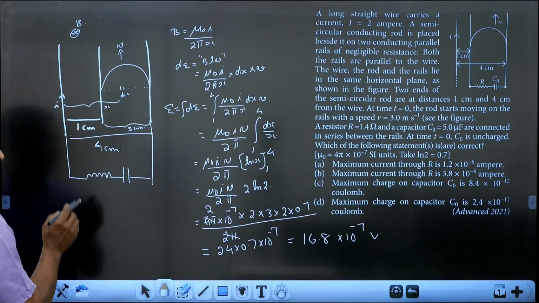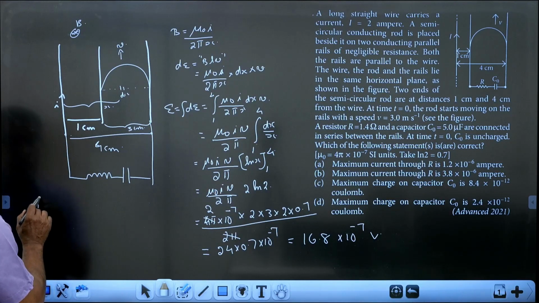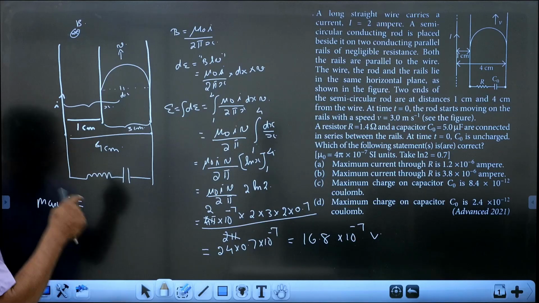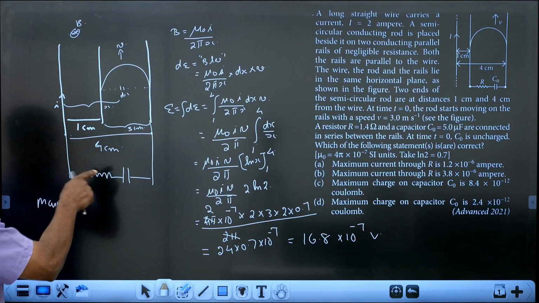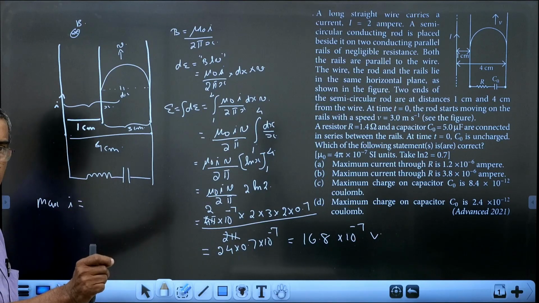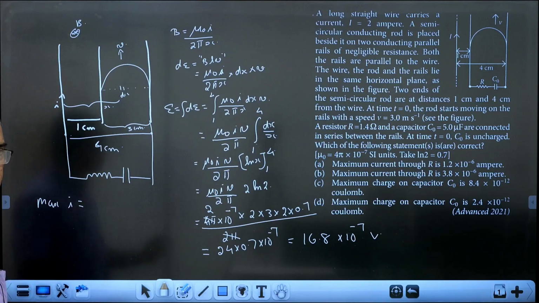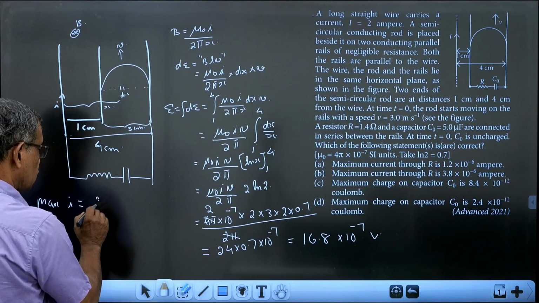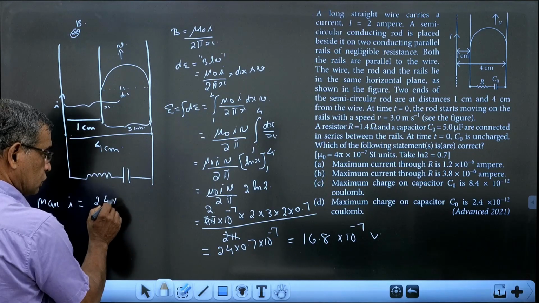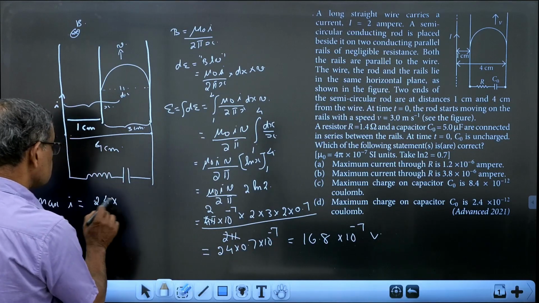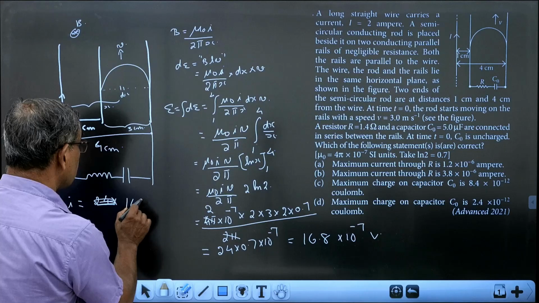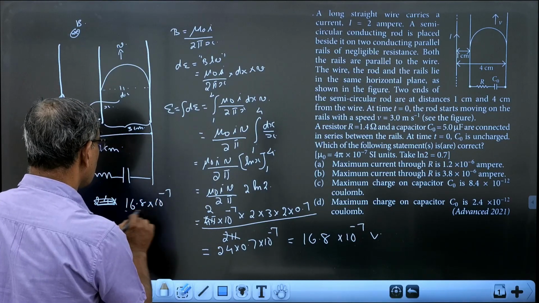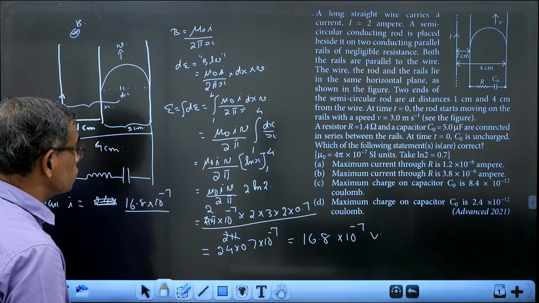Therefore, the maximum current is given by the following. Maximum current when the capacitor starts charging, or acts as a conductor when t is equal to 0. The EMF is this much. Current is given by 16.8 into 10 raised to minus 7 by the resistor in the circuit.